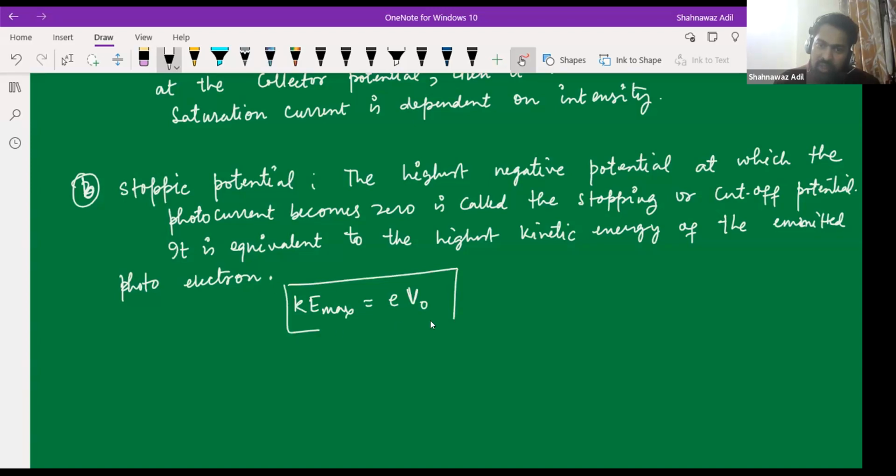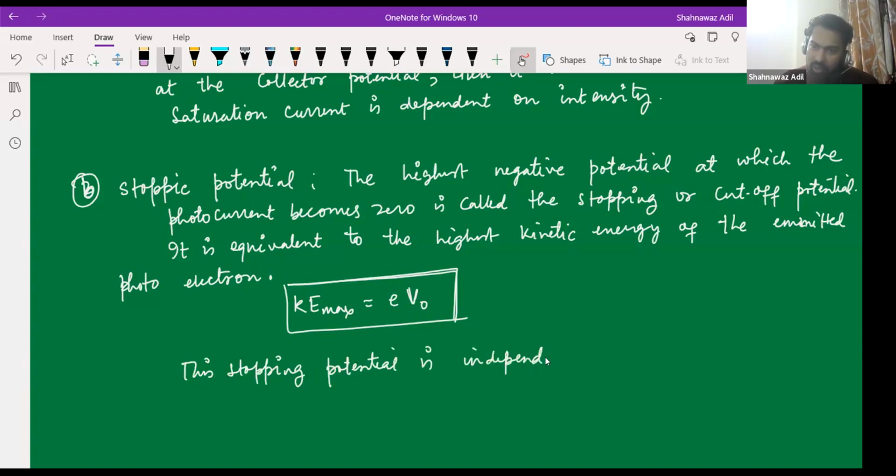This is a very important relation, right? And this stopping potential is independent of what? This is independent of intensity, right?